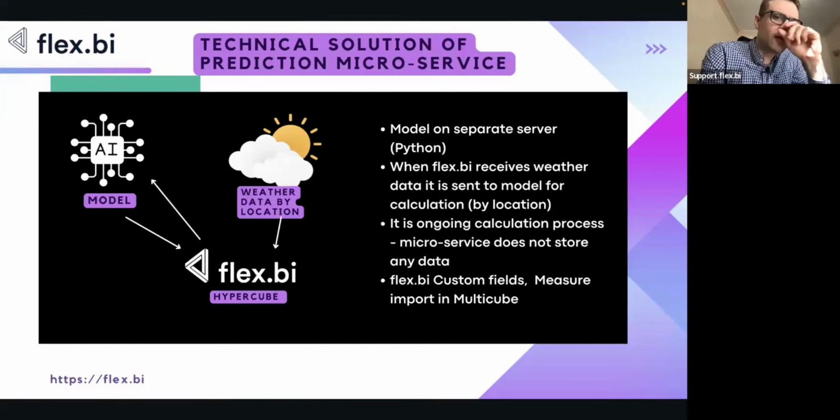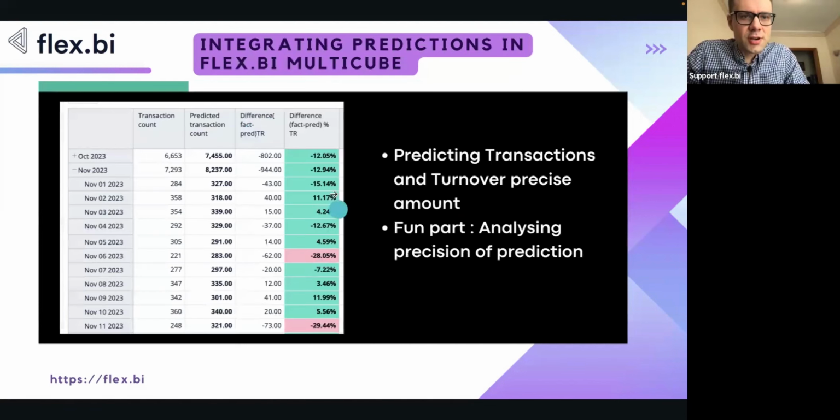And this machine learning model then predicted not the weather, that was already done well by the other system, but it predicted the customer count. So looking at the weather, it predicted how many customers the customer will have, right? So this is an interesting scenario, and this was the result.